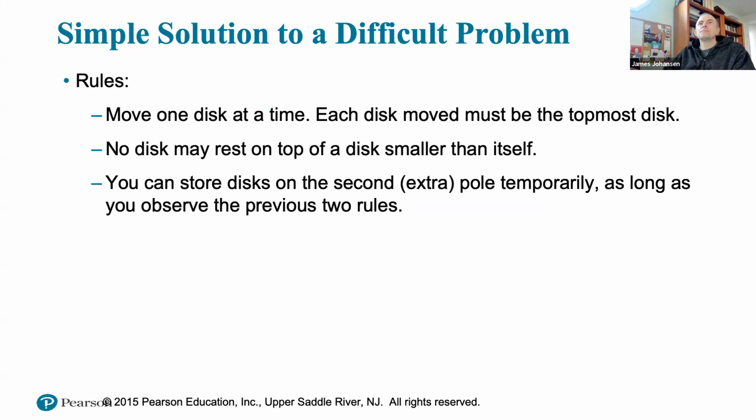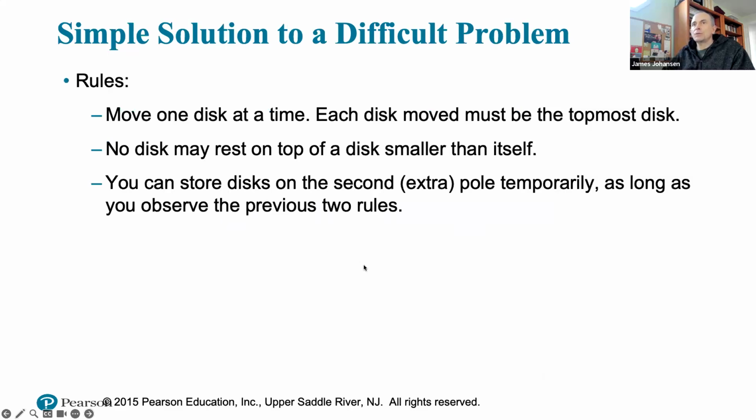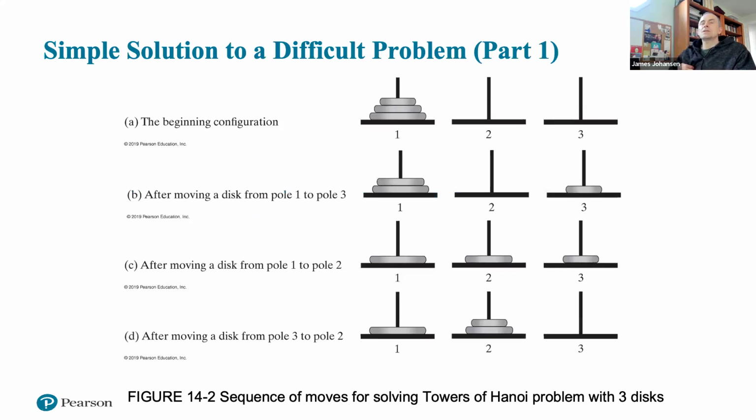So this is an example where recursion shows itself to be a simple solution to this difficult problem. Instead of having a stack of 3, we could break it down to a stack of 2 and a stack of 1, and make it more tractable.